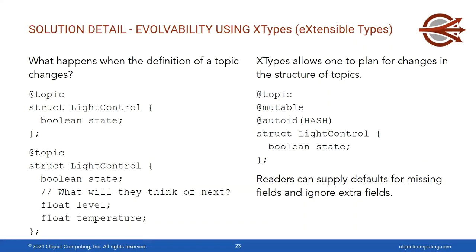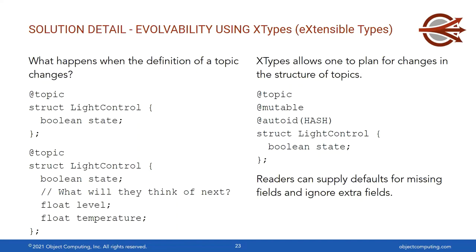So for example, if you were doing this 10 years ago, or maybe even a little longer than that, a light control would simply be a simple Boolean saying its state, whether it should be on or off. With new LED lights and advances in lighting, we can adjust the level or the intensity of the light, and we can also adjust its hue, the temperature.